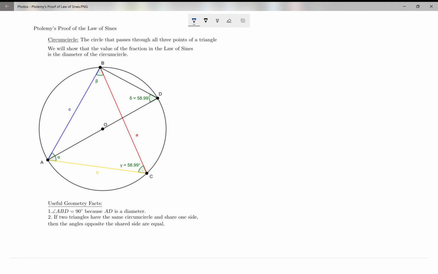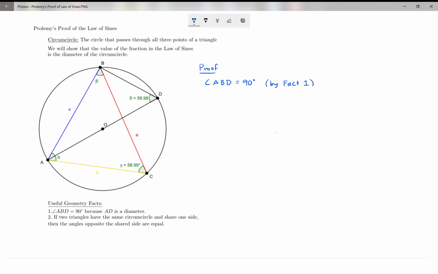The first thing we want to notice is that angle ABD is 90 degrees. So we're first going to start with fact 1, and we're going to say that angle ABD is equal to 90 degrees, by fact 1.